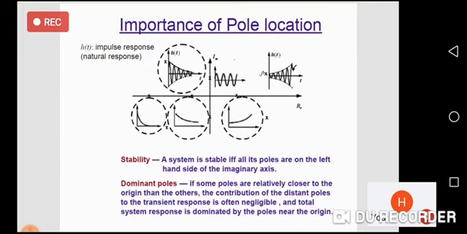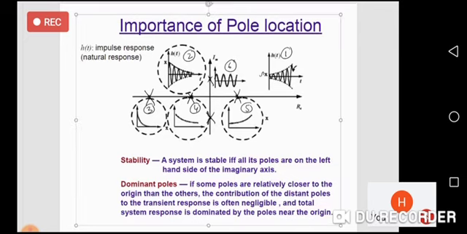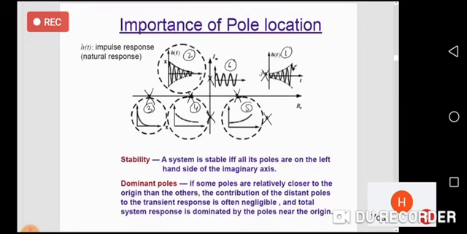Now these are different responses. Let's call them response number 1, 2, 3, 4, 5, and 6. So we have 6 different responses, and then we are given different poles. This is a pole, this is another pole, and so on.